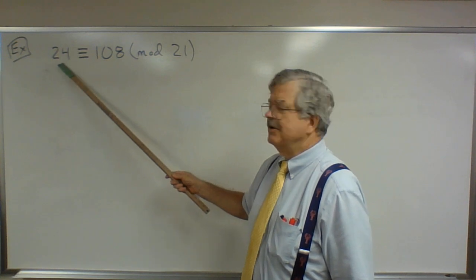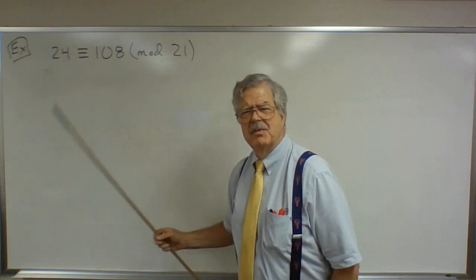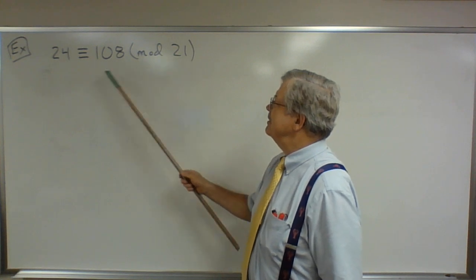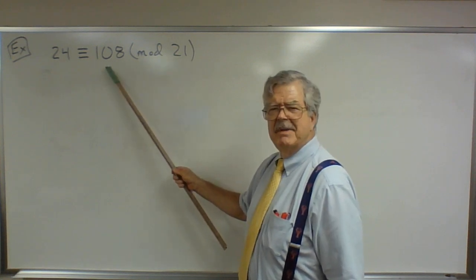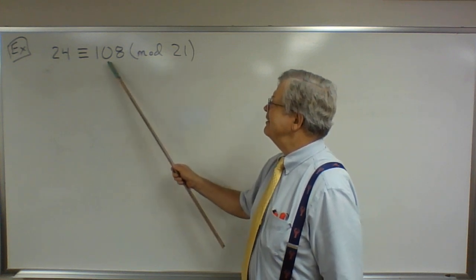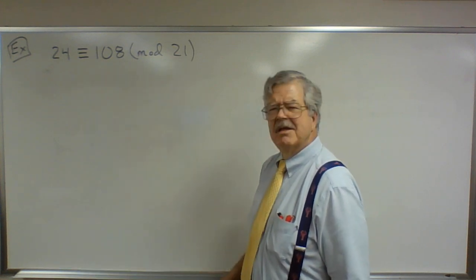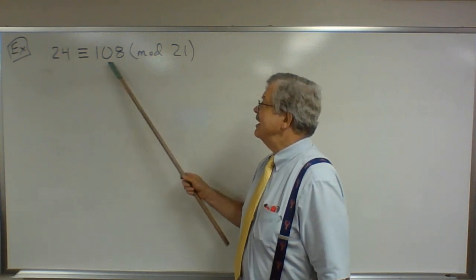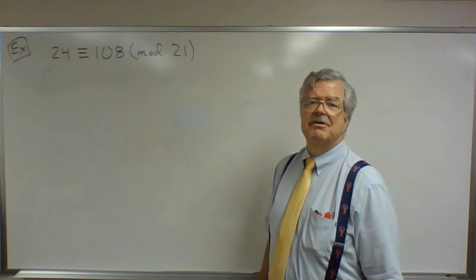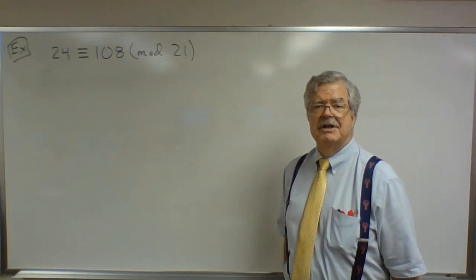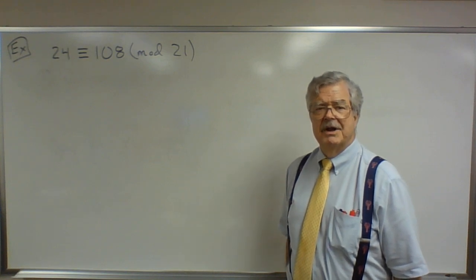So 24 is congruent to 3 mod 21. 108 divided by 21 is 5 remainder 3. 5 times 21 is 105. We get a remainder of 3. So yeah, this is true. 24 and 108 are both congruent to 3 mod 21. So they're both congruent to each other, mod 21.